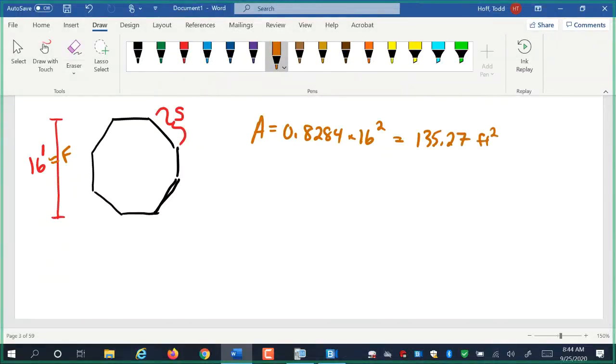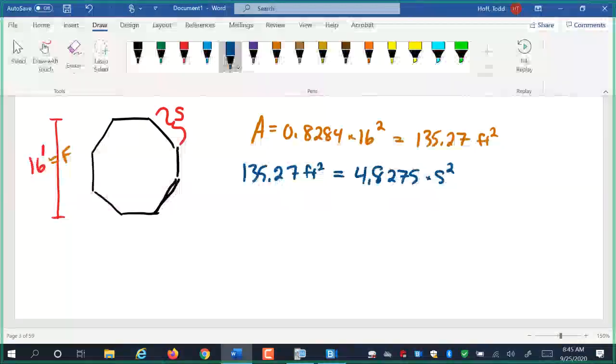Now we can work backwards like we did with our circle formula. We know we have 135.27 square feet. We know the area, if we use the side, would be 4.8275 times the length of that side squared. So now we're going to work backwards to find the length of the side. We're going to divide by that 4.8275.